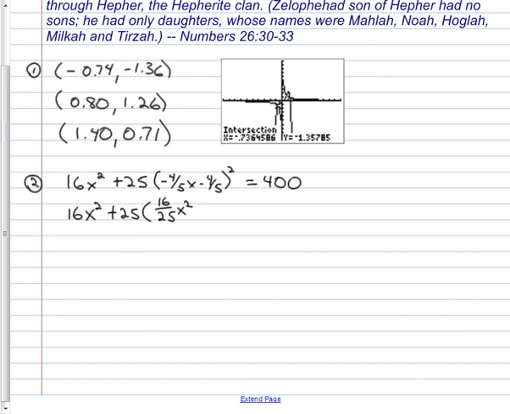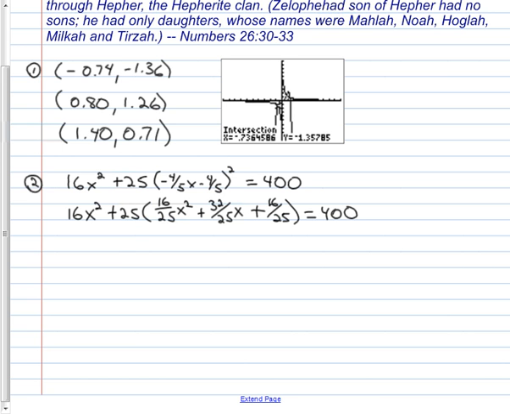So if I multiplied it together, it would be 16/25 times 2, 32/25 x. Then we square the last term. Square the last term. 16/25, thanks. And that equals 400.